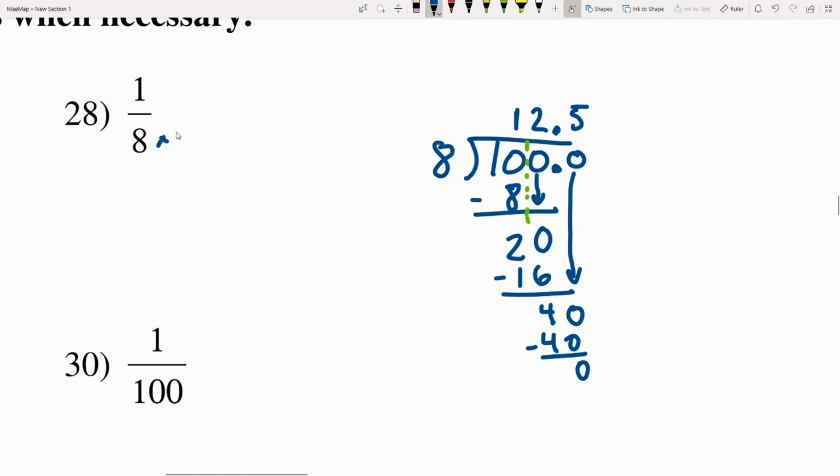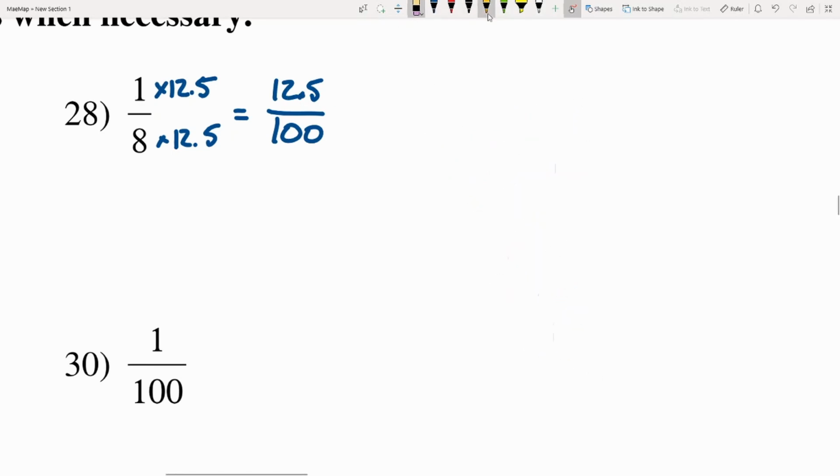So if I multiply 8 by 12.5, I'll get 100. Which means if I multiply my denominator by 12.5, I need to multiply my numerator by 12.5. 1 times 12.5 is 12.5. So 12.5 out of 100 is 12.5%.